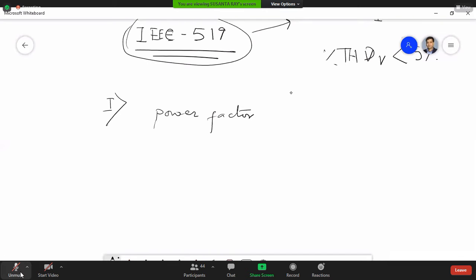Can anybody define this power factor term? If you're asked to define a power factor. Yes.